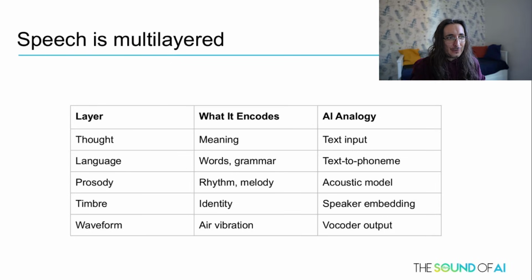That encodes the air vibration that we output from our mouths. And the AI analogy of that is the vocoder output, if we're using a vocoder system. But I don't want you to get into the nitty-gritty details at this point. It's beyond the scope. What I want to point you towards is the complexity of speech and how multi-layered this phenomenon really is.